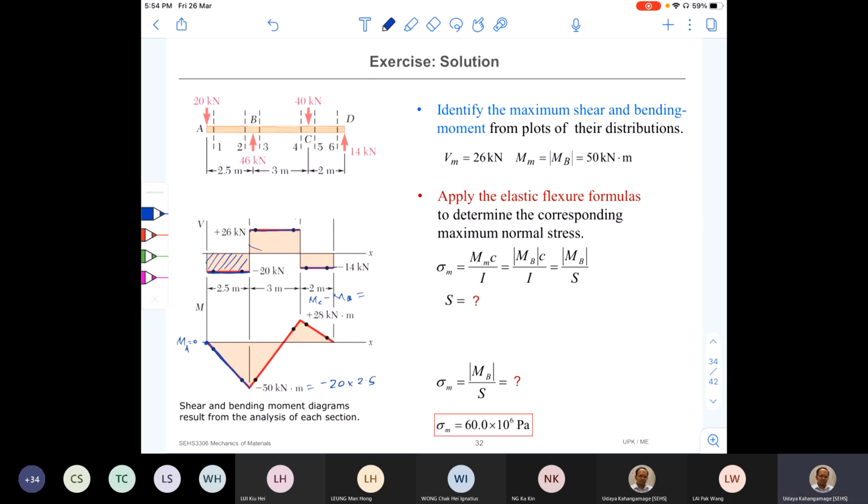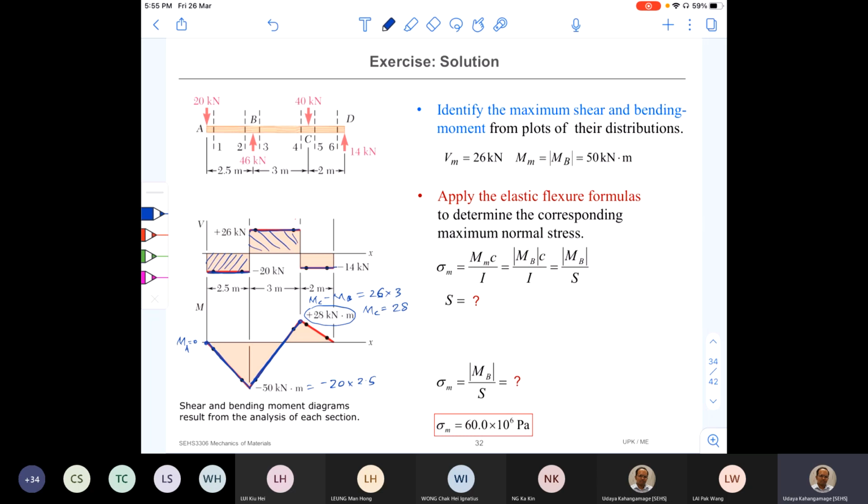It should be equal to this area here. It is 26 into 3. Okay, and MB is negative 50. Fine. So therefore, I can find out MC. You calculate the value, you will get it as 28. So that is how I got this value here. I mark that point. So in between, bending moment variation is linear, like this.